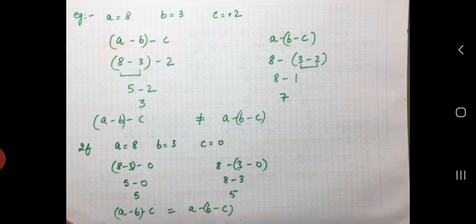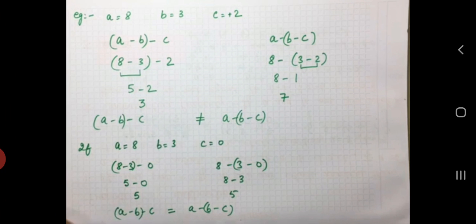So here in this case (a minus b) minus c is equal to a minus (b minus c). So if c is not equal to 0, then only we can say (a minus b) minus c is not equal to a minus (b minus c). This was associative property.